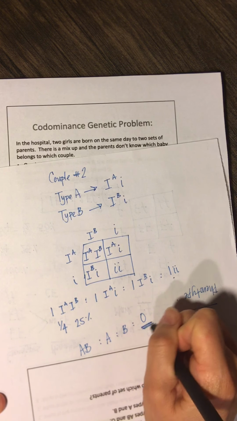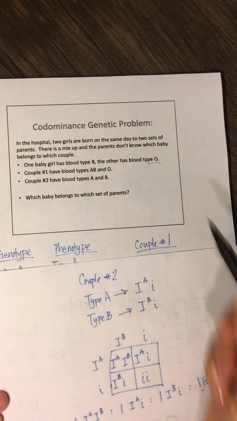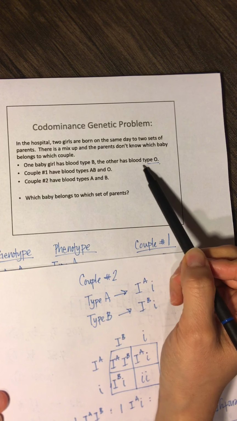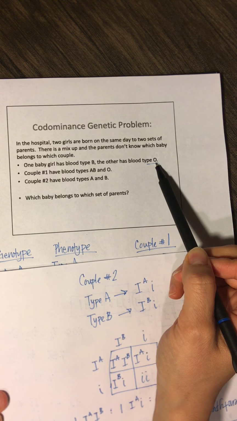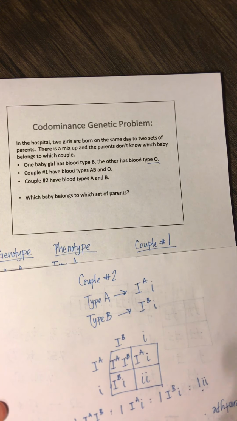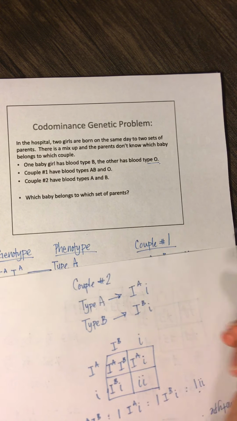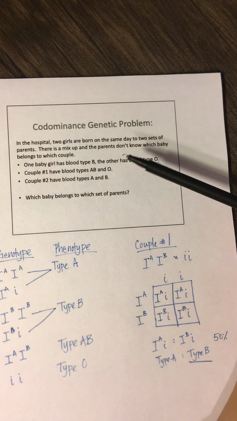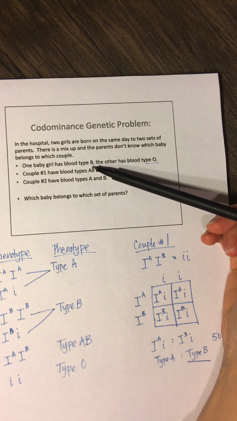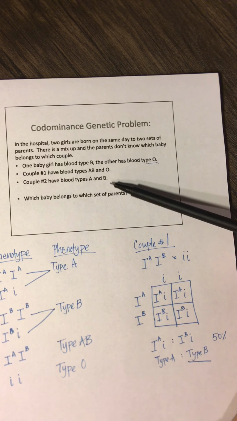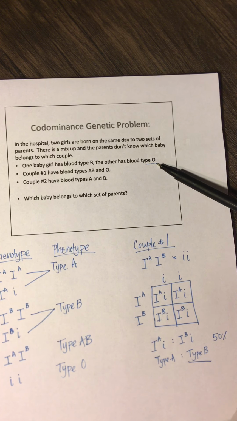And that's what we were looking for because, again, one of the babies had type O blood. So this checks out. Couple number 1 is the parents of the baby girl with type B blood. And couple number 2 are the parents of the baby with blood type O.